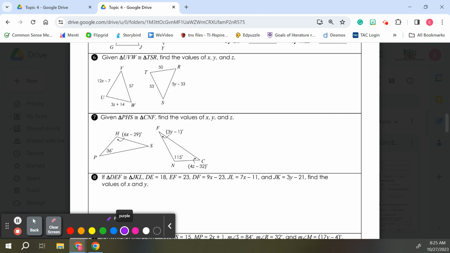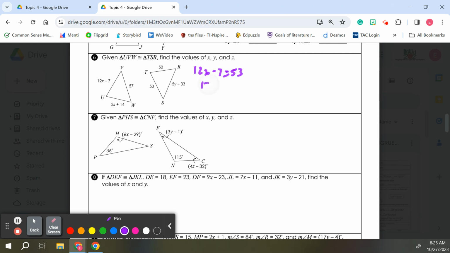All right, part 6. So given UVW is congruent to TSR, find the values of X, Y, and Z. All right, so in this case, if we're looking at UV, that's congruent with TS, which is 53. So this will be 12X minus 7 equals 53. Add the 7 to each side.